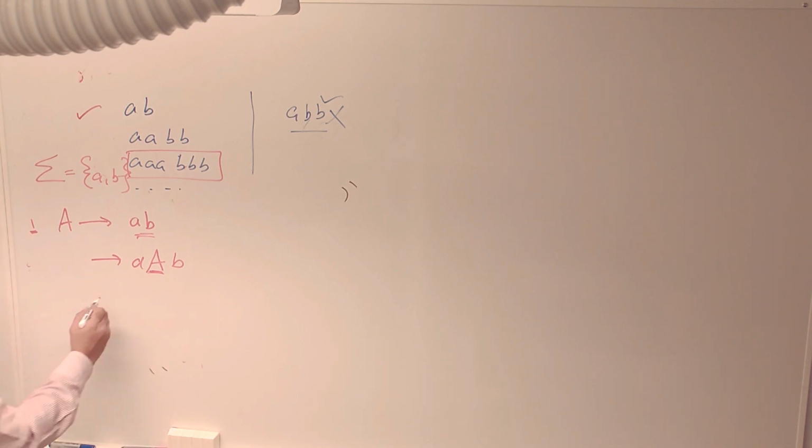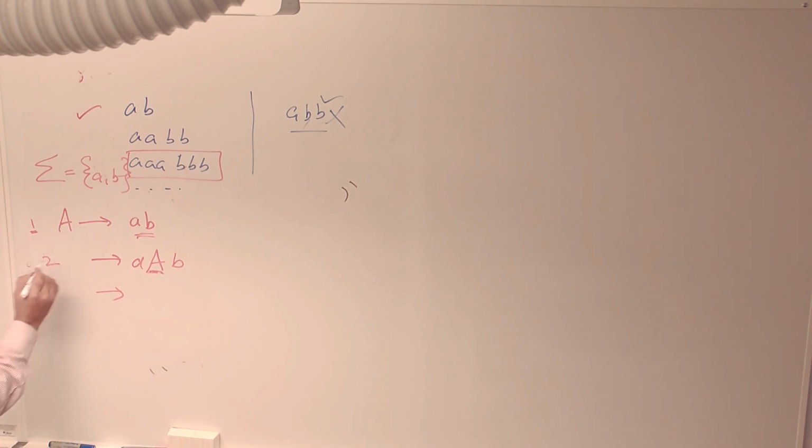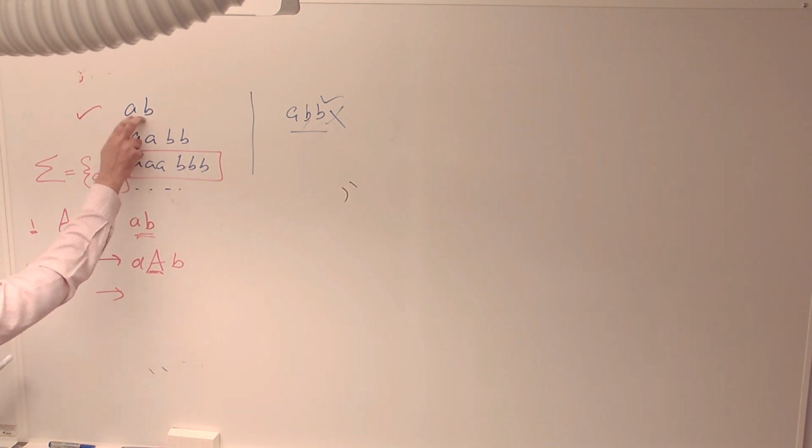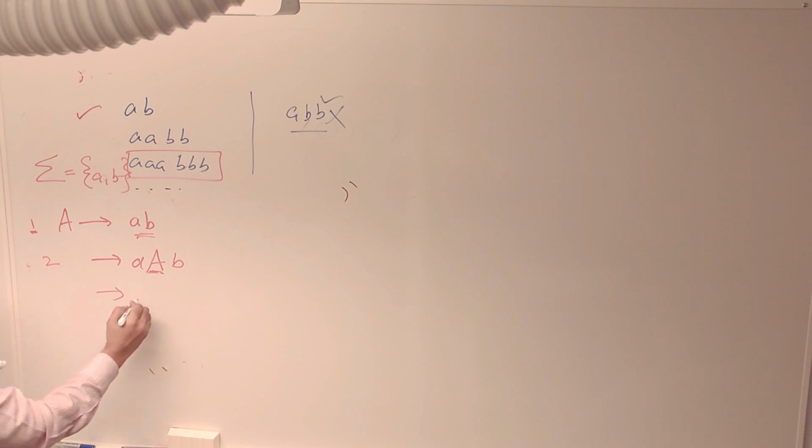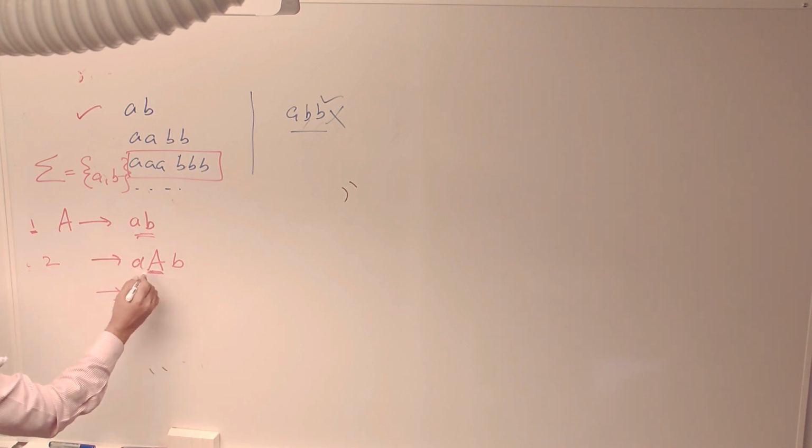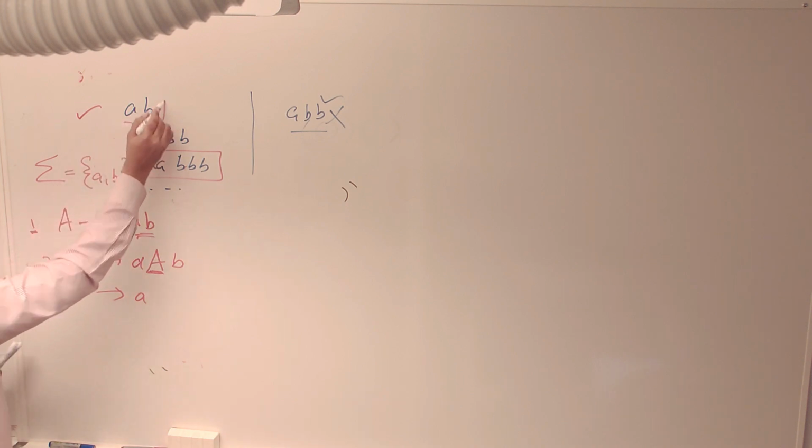Okay, let's try. So if I take like this and I say that this is rule 1 and this is rule 2, okay? If I try for this one, A, what should I replace with this one? AB, to get this word.